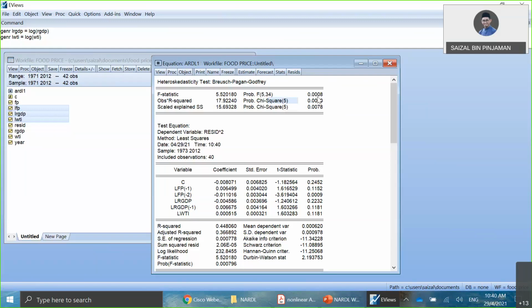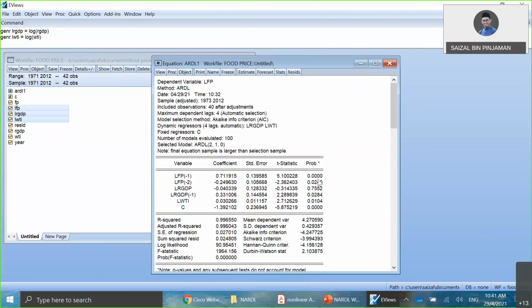So it may jeopardize the probability value, as well as the standard error, of this estimation. So the conclusion that we make in terms of the relationship between the dependent and the independent variable will be inaccurate, if we can use the word inaccurate.